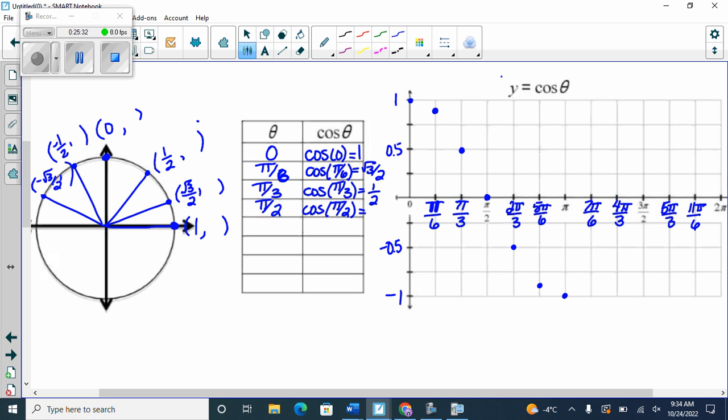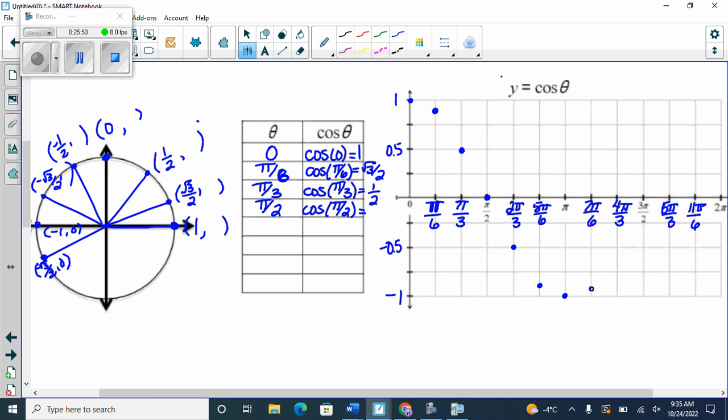Cos at pi is negative 1 because it's here. Then cos at 7 pi over 6 is negative root 3 over 2. Oh, I really squished that. Negative 0.866.